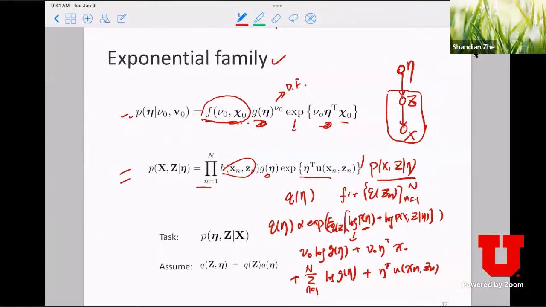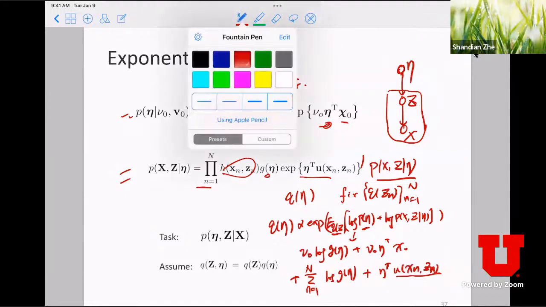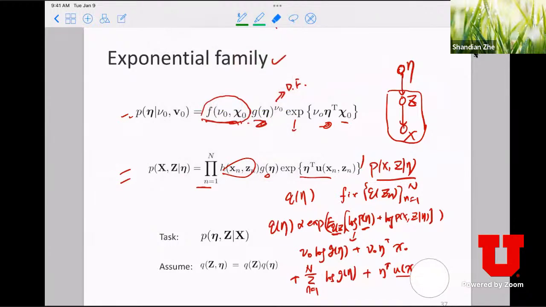And remember, we need to take expectation of this log joint probability under Q of Z. So here, the only terms that involve Z are the sufficient statistics. All the other terms are constant to Zn. So that means when you take expectation, you just replace the sufficient statistics by their expectation, which is going to be E Q of Zn.